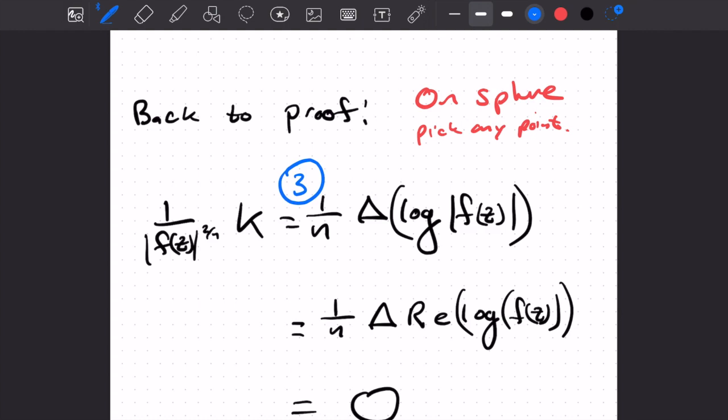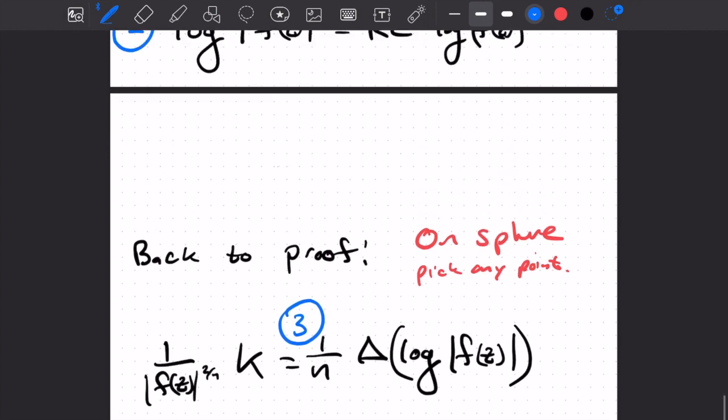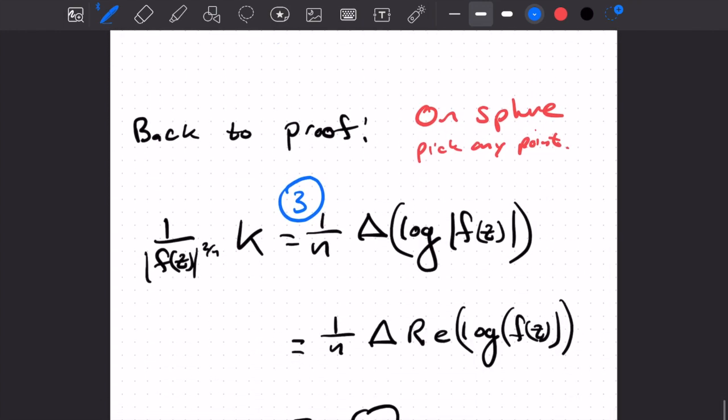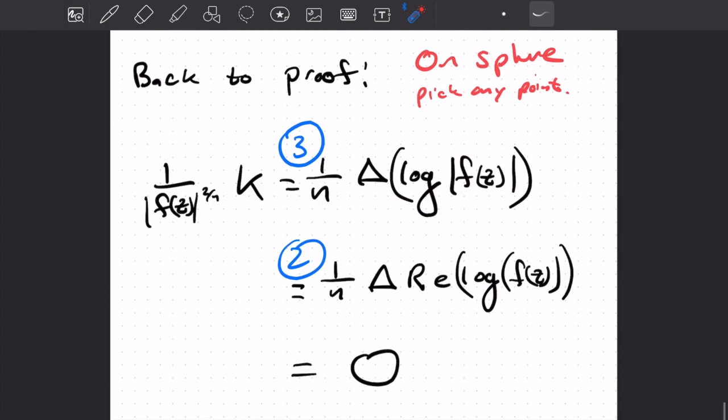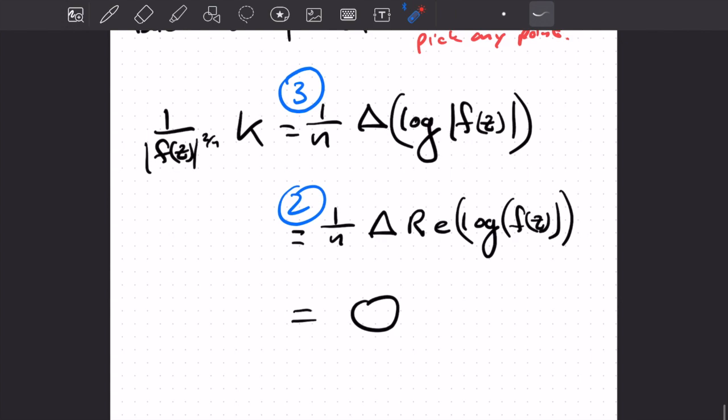And then we can use, what did I number this? This is fact number 2. So just rewriting our logarithm here using fact number 2, and then using the fact that the real part of an analytic function is harmonic. So this is by fact 1. This gives us a 0.